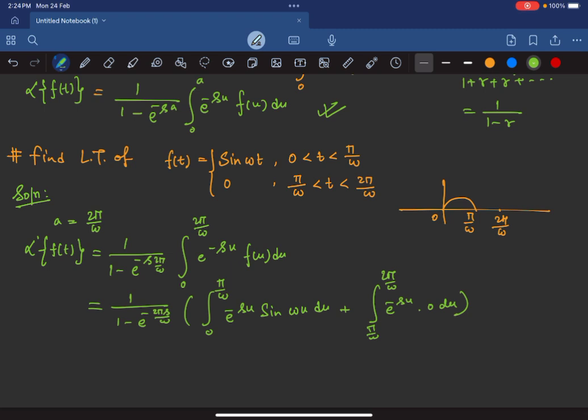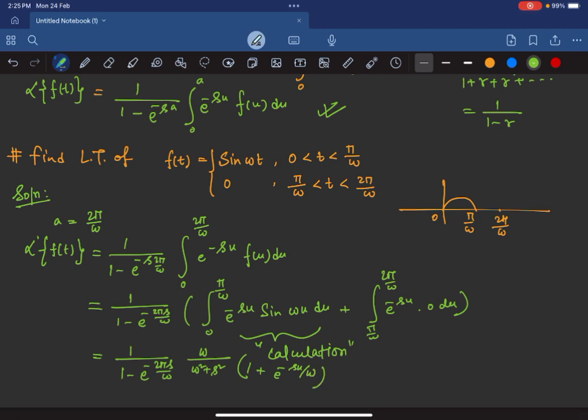If you further do the calculation here, immediately you'll get the answer as 1 by 1 minus e power minus 2 pi s by omega, times omega by omega square plus s square, times 1 plus e power minus pi s by omega.